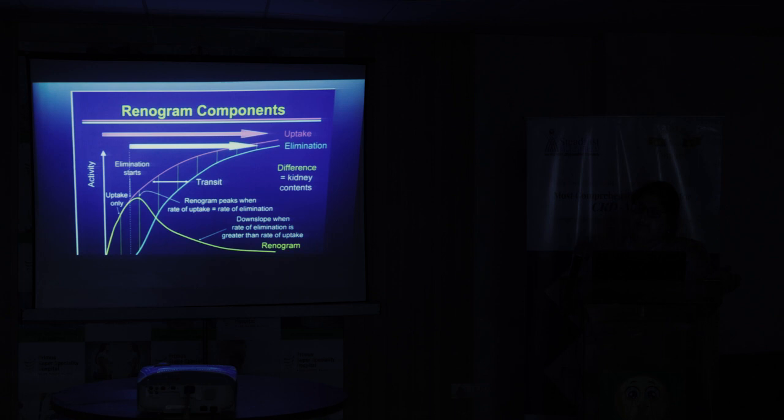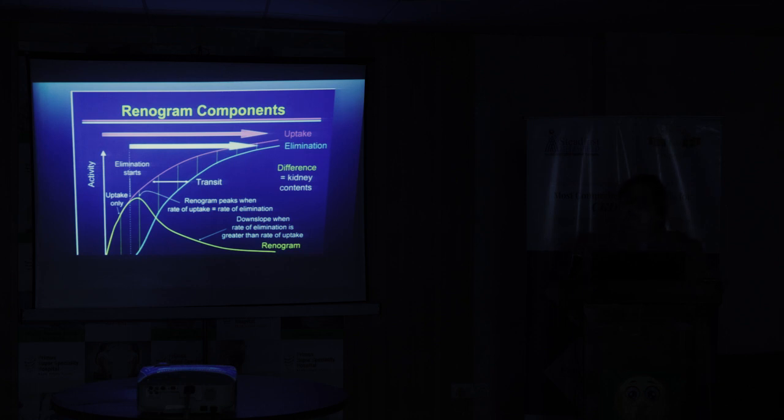This is called the equilibrium phase. Now in kidneys where there is any obstruction, the elimination of the tracer from the kidney does not happen, and the tracer keeps building up in the kidney. Because the elimination is not happening, while the tracer is being extracted from the blood, it is not getting eliminated.